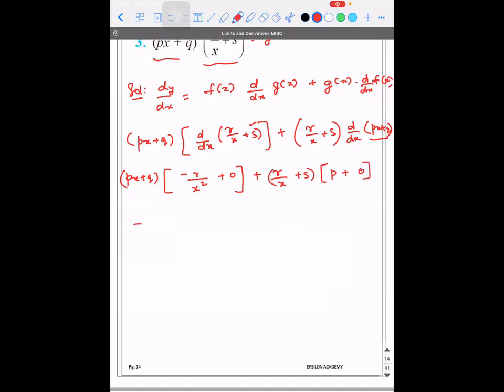If there is any doubt, you can get it clarified. Minus r by x square into px plus q, plus p into r by x plus s.